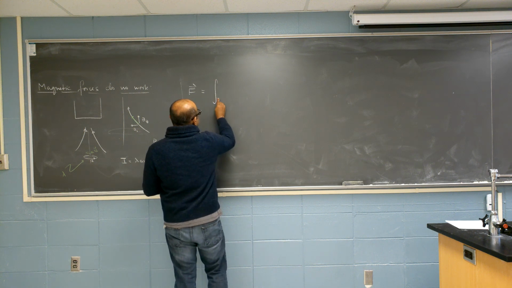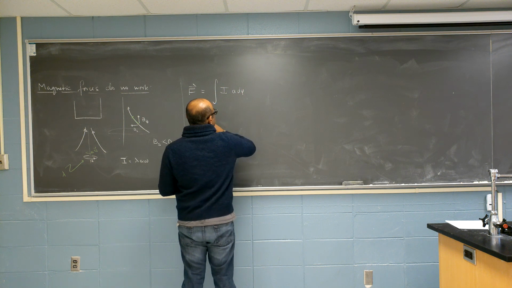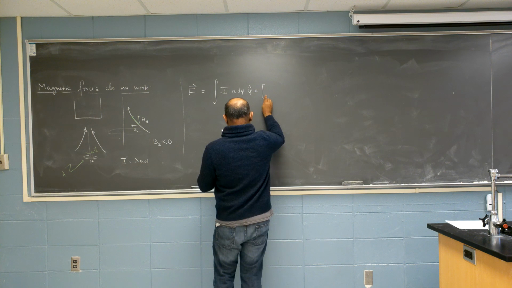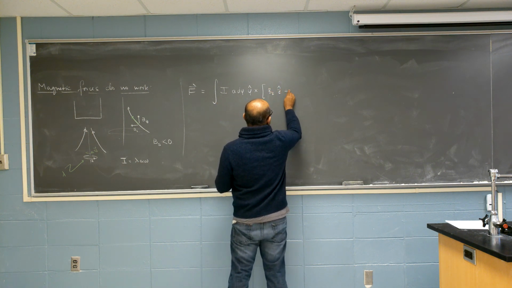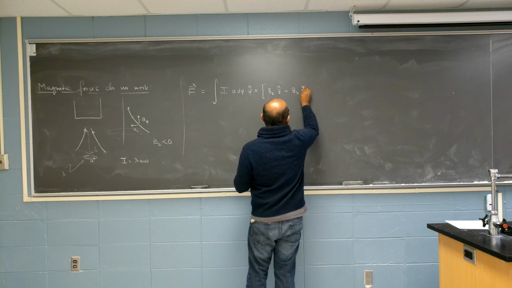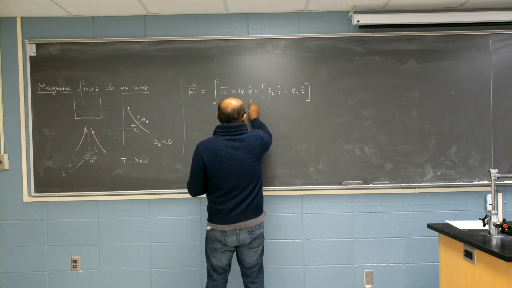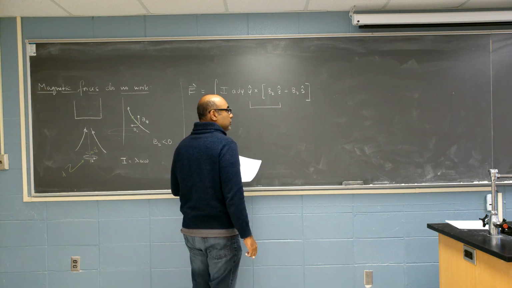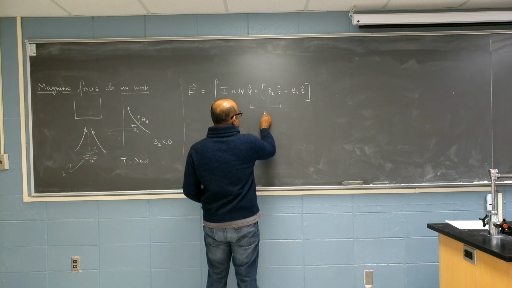So it is I dl, A times d phi, in the phi hat direction, cross B. B is some Bz in the z hat direction, plus Bs in the s hat direction. Phi hat cross z hat is what? Phi hat cross z hat is s hat.